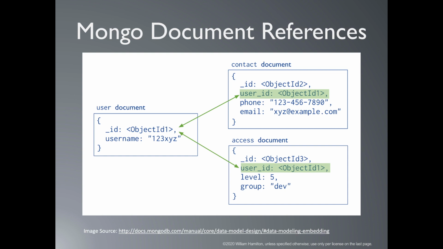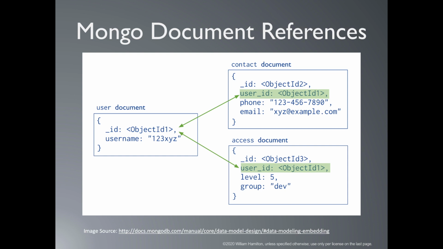So if I have a collection of users, all of which have an ID, and then I have other documents that are either owned by that user or are shared with those users, I can have references to those IDs inside of these models or inside of these objects.